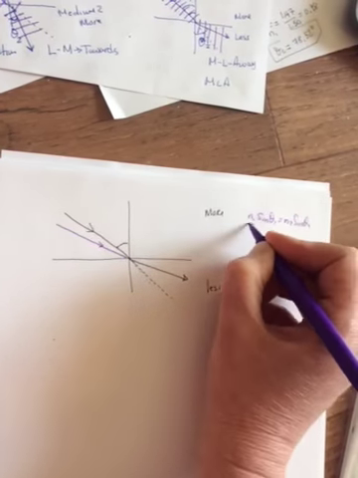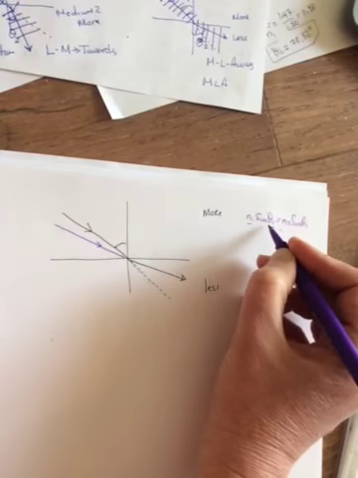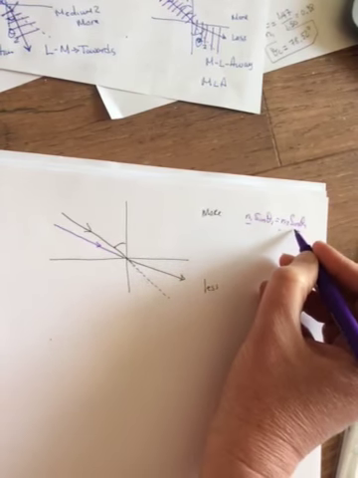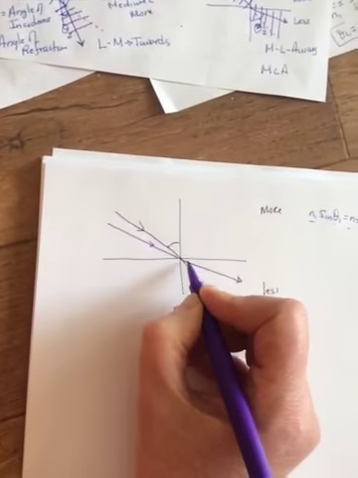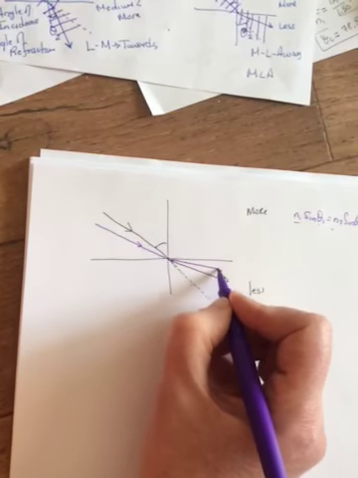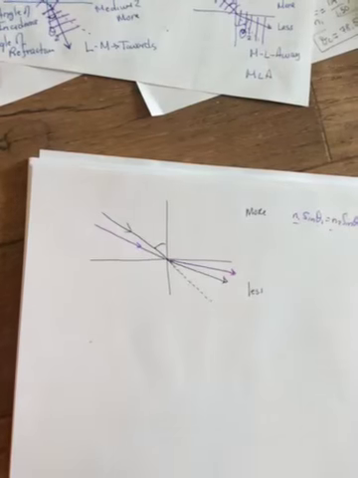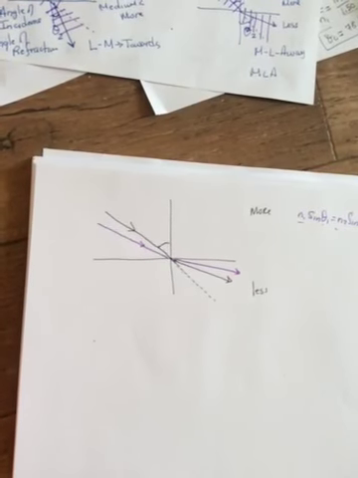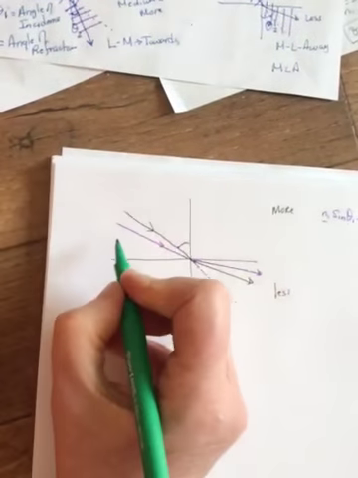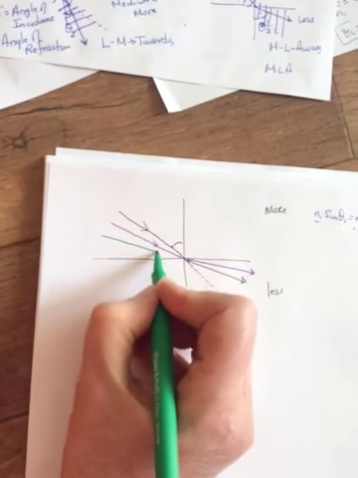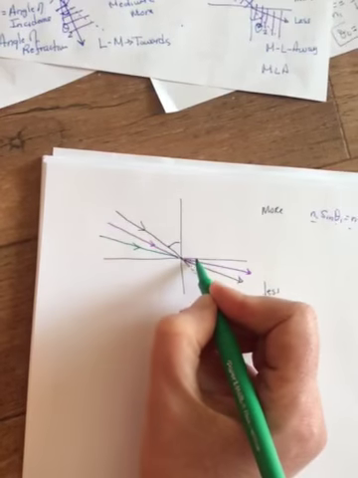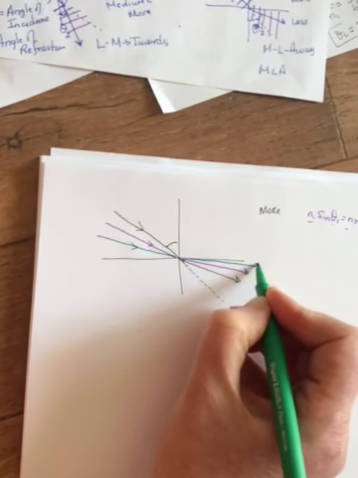I'm not changing my n1 and my n2, so if I make my angle of incidence bigger, my angle of refraction should get bigger, and the rays should come out like this. And so I'm going to make it bigger again. Luckily, I just happen to have different colors. And the ray will get bigger again.